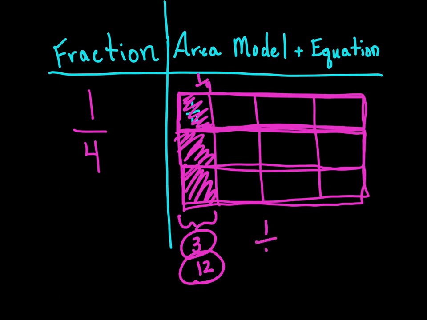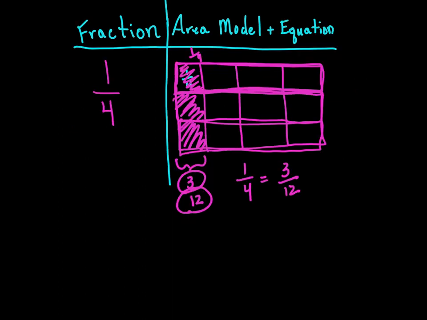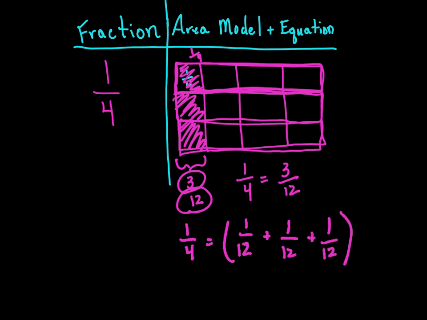So 1/4 is equal to 3/12. And how that looks as an equation: 1/4 is equal to 1/12 plus 1/12 plus 1/12. Why am I putting 3 of those 12ths in the parentheses?